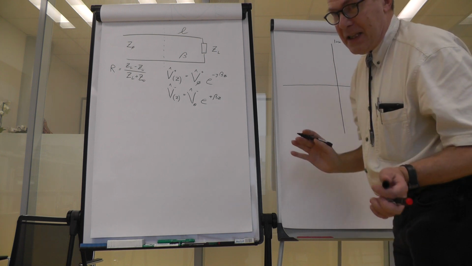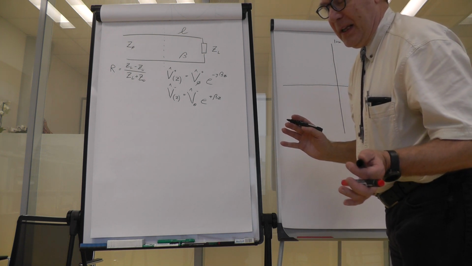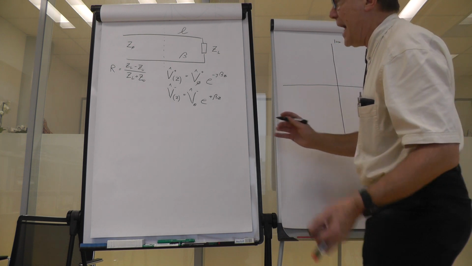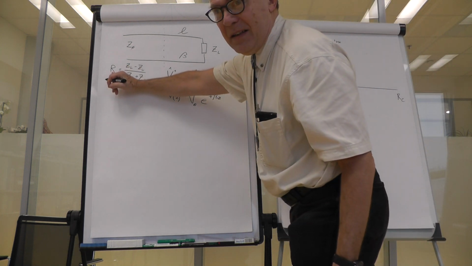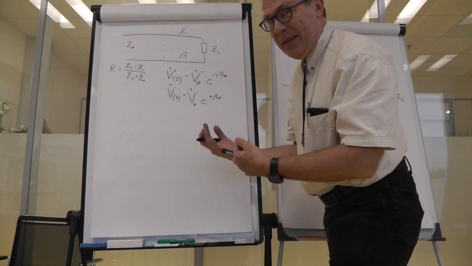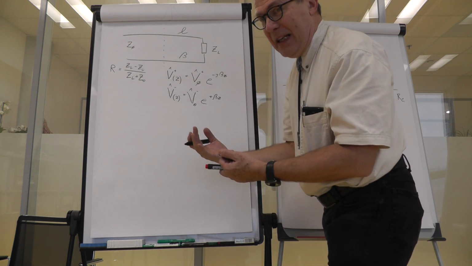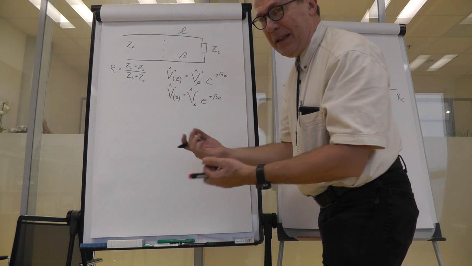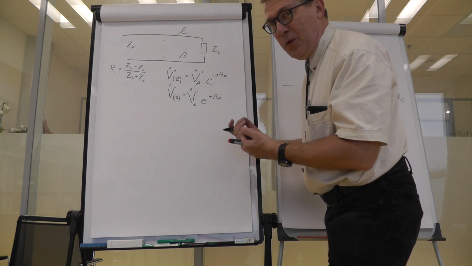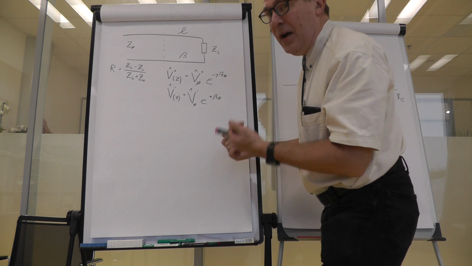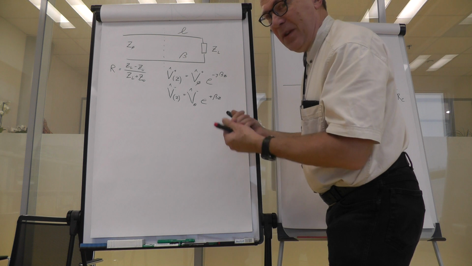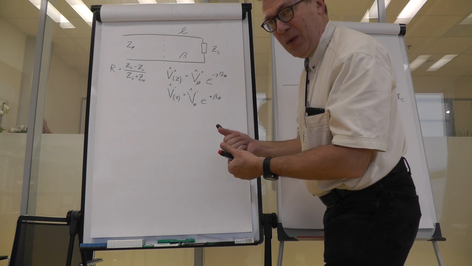Well, with passive impedances we will easily find out that the reflection coefficient could be at maximum 1. Because if it were bigger in magnitude, it would mean that more energy is reflected than came in the wave. So that would be a source of energy. With passive loads, you can get at maximum a reflection of the same magnitude.